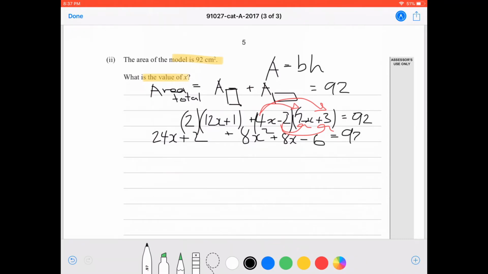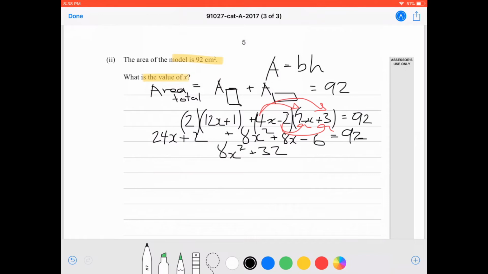Collecting like terms, just cleaning this up a little bit, we can say 8x squared plus 32x, because 24 plus 8 is 32, minus, we've got our minus 6. Let's bring the 92 to the left-hand side to get it in quadratic form, so equaling 0.